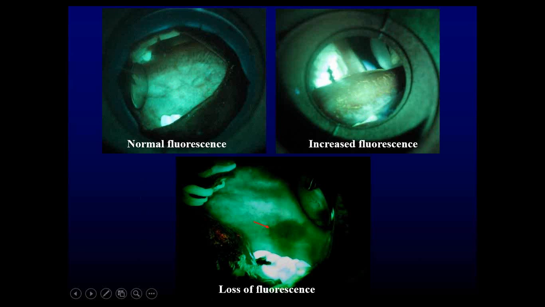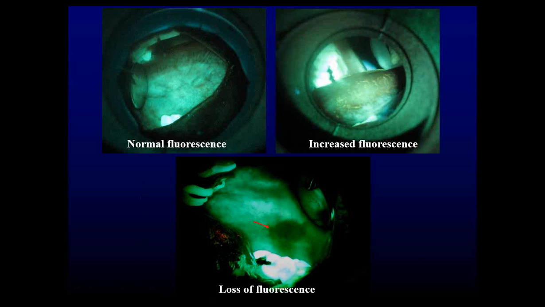In certain cases where there is bacteria or infection or fungus present, increased fluorescence has been observed, but this is the thing which we are more concerned about, loss of fluorescence, which suggests that there is some pathology or abnormal tissue present which causes disruption in the distribution of biofluorophores, and as a result you get this dark loss of fluorescence area in comparison to the surrounding normal fluorescent area.